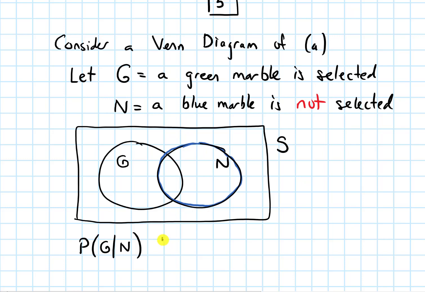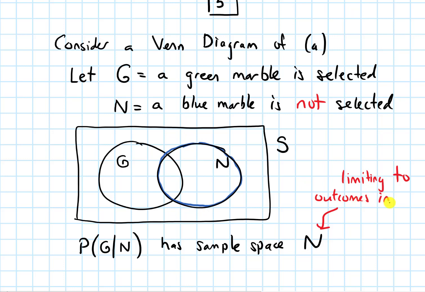So this probability has a sample space that is just N, because we are limiting ourselves to outcomes in N. That is the condition that we are limiting ourselves to.